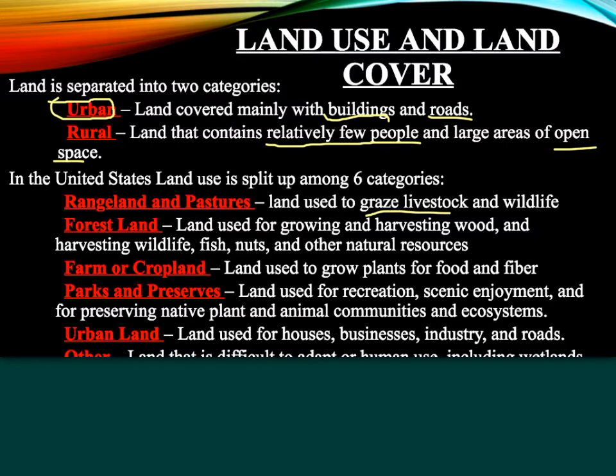Farmland or cropland, that's pretty easy enough to figure out. It's where we're planting food and crops. Parks and preserves are lands used for recreation, camping, scenic enjoyment, trying to preserve natural areas. Urban land is land used for houses, businesses, and industry.